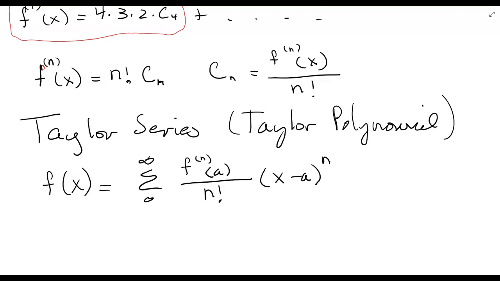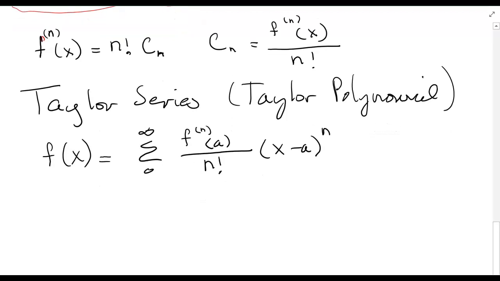Okay, let's see what our Taylor series looks like when you expand it out, which then becomes our Taylor polynomial. I'll just put the series there and the polynomial down here.